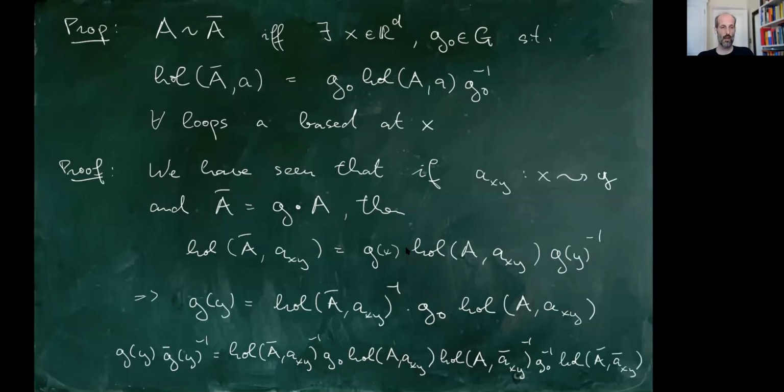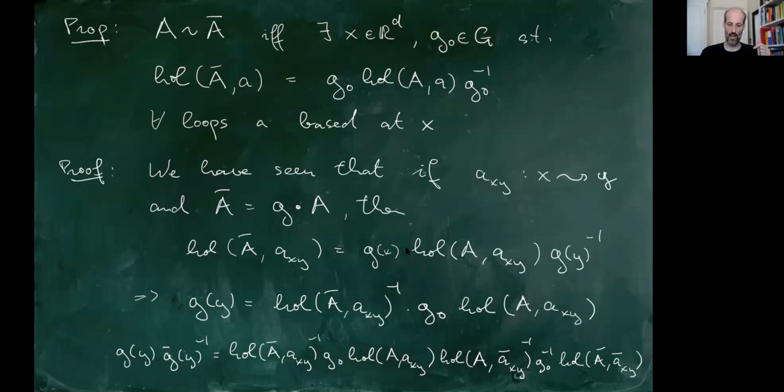Right? But now the claim is that this all collapses because this here, right, is really just the holonomy along a loop, right? Because these things compose. So the holonomy along the concatenation of two paths is just the product of the holonomies. And the inverse of the holonomy is just the holonomy along the same path, but following backwards, right?